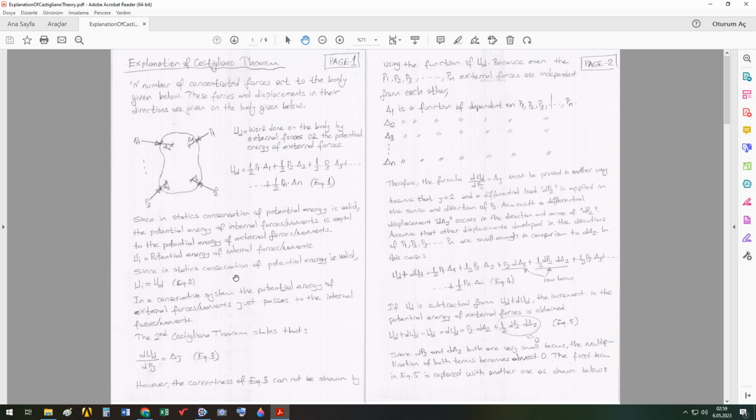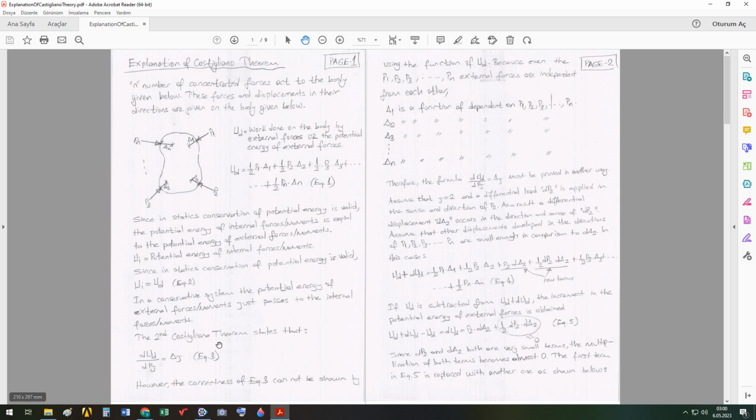Since in statics conservation of potential energy is valid, UI equals UD. Okay? That means in a conservative system, the potential energy of external forces and moments just passes to the internal forces and moments, or the potential energy of the internal forces and moments.